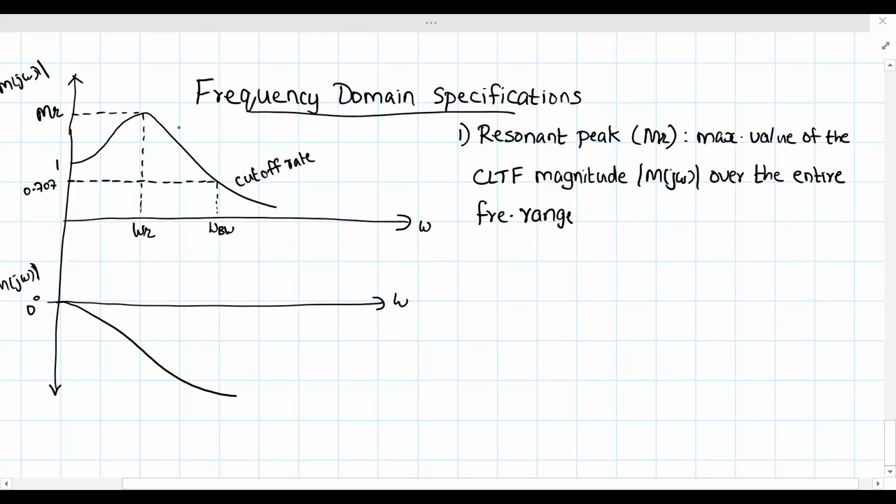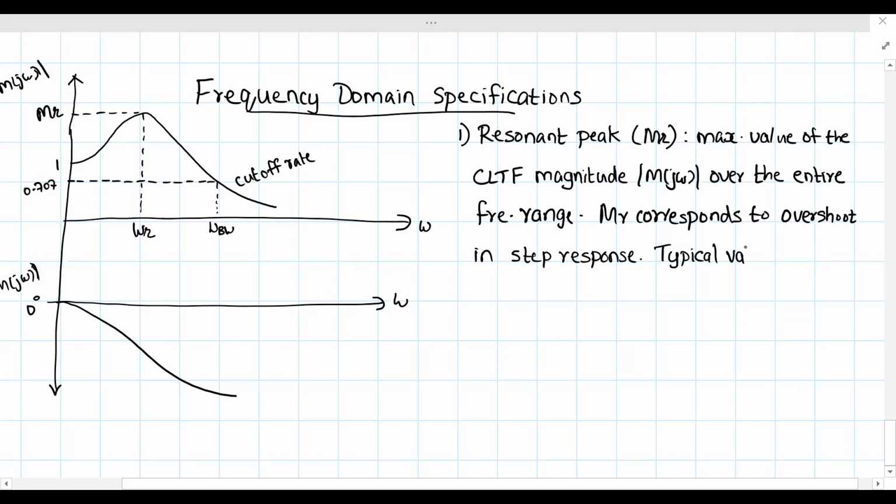And this resonant peak M_R corresponds to overshoot in the step response. Typical values are in the range from 1.2 to 1.5. That's about resonant peak.